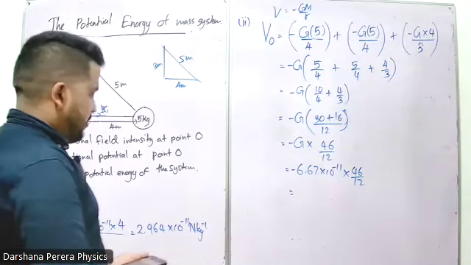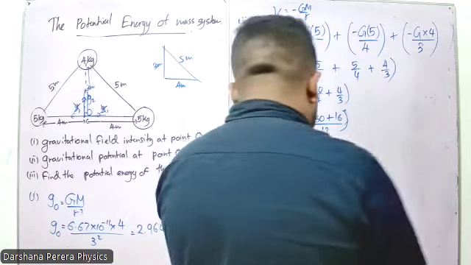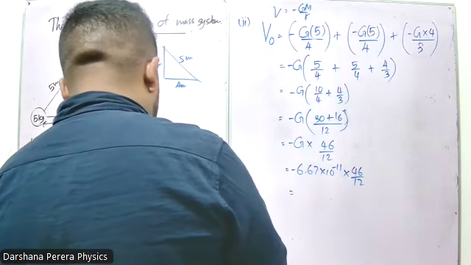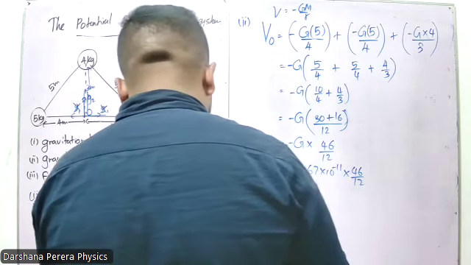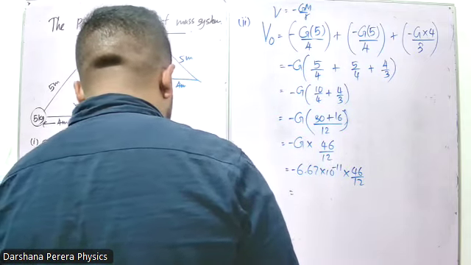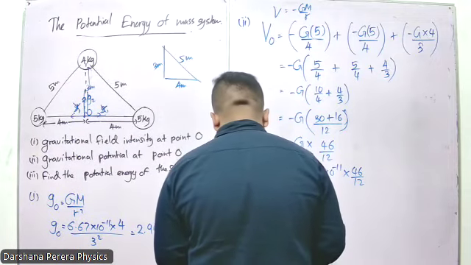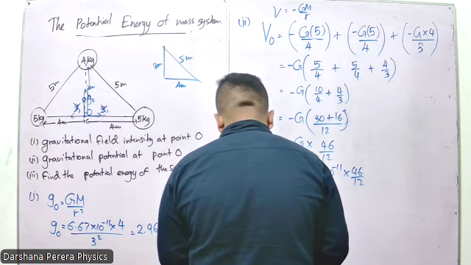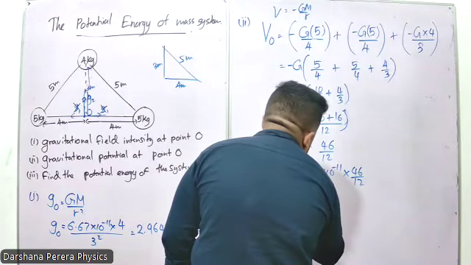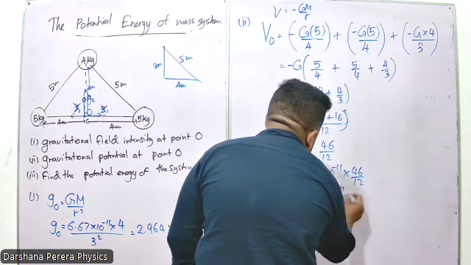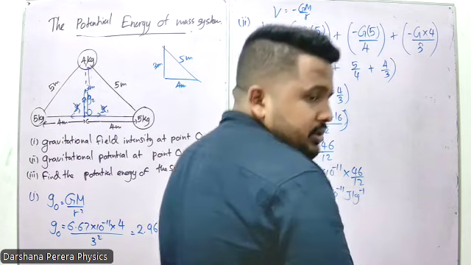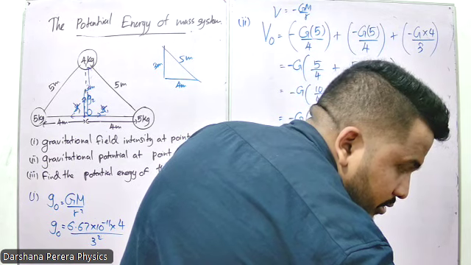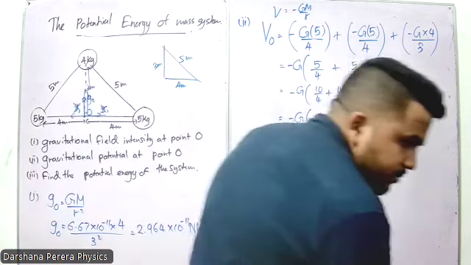So what is the answer? 25.57 into 10 to the power minus 11 joule kg minus 1. Right? Is that okay? Okay.